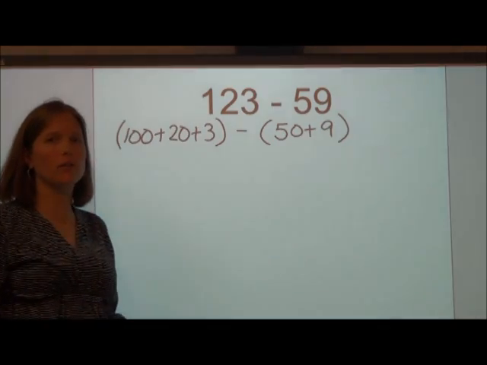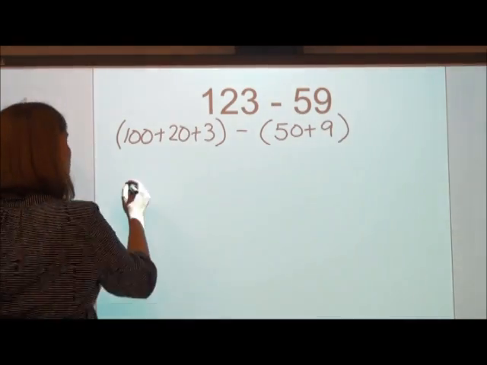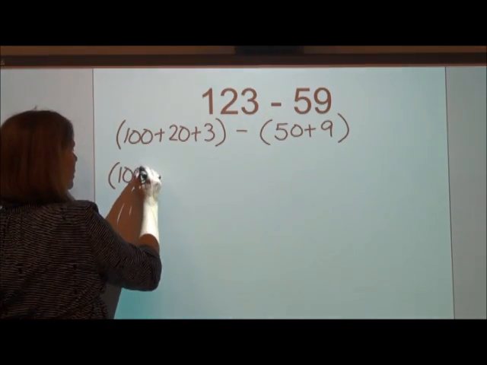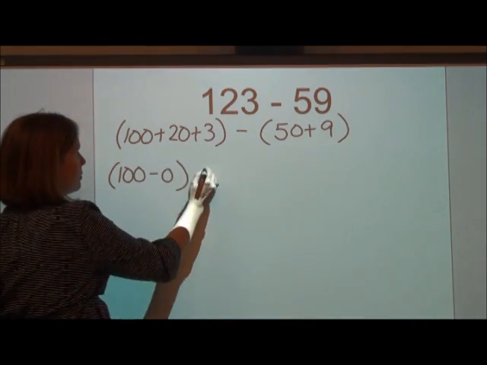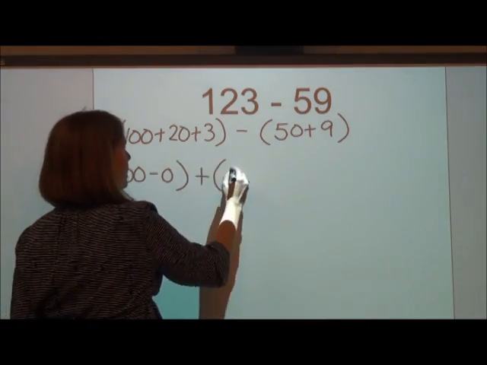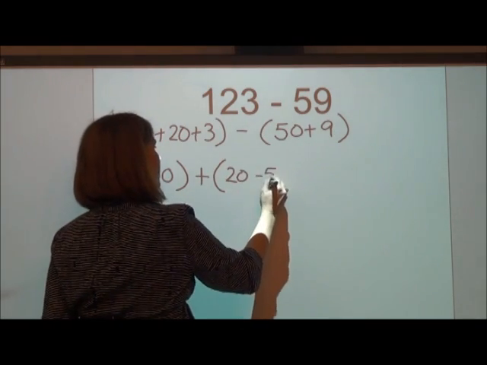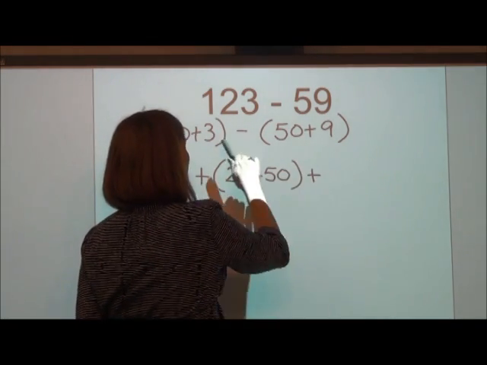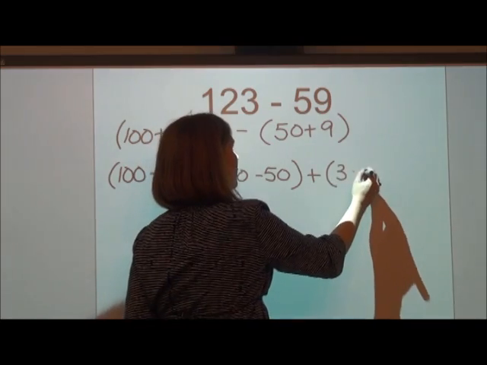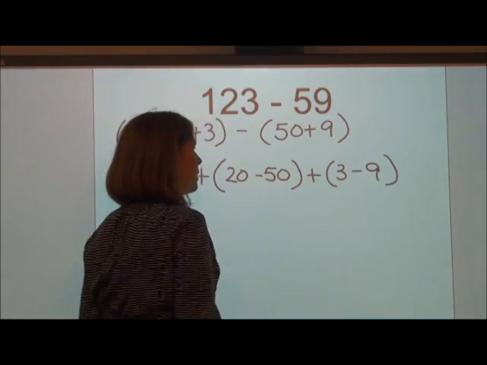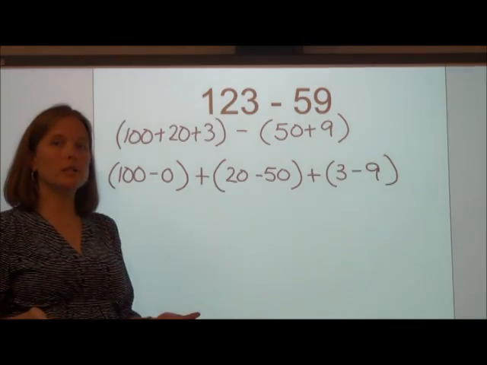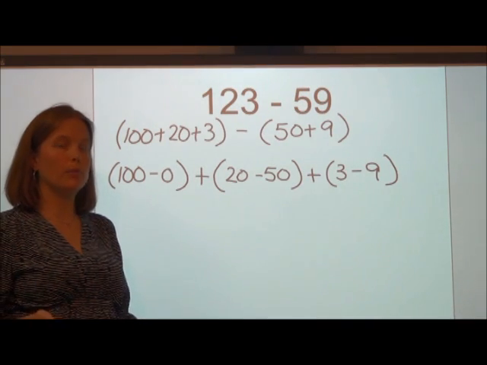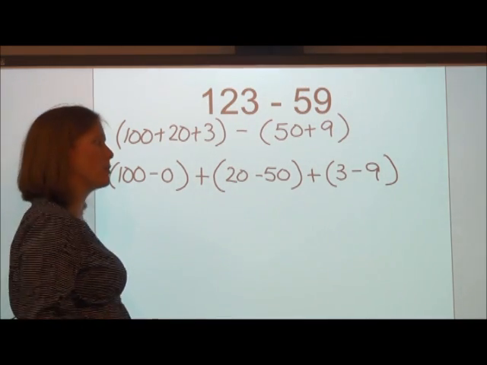We're going to bring together the like place values. So we have 100 minus 0. And we have 20 minus 50. And we'll have our 3 minus our 9. So the next thing that we're going to do is go ahead and regroup so that we don't have to deal with those negative numbers.